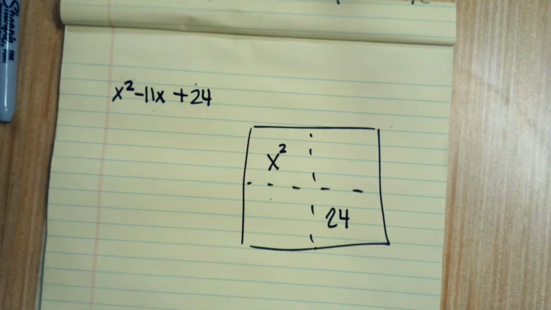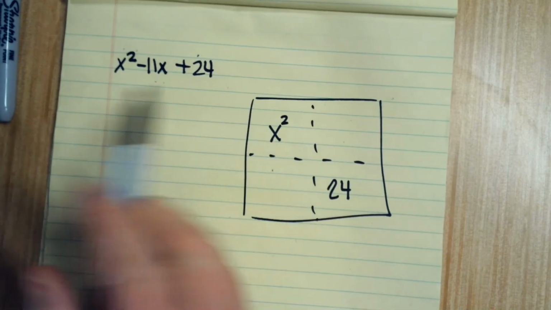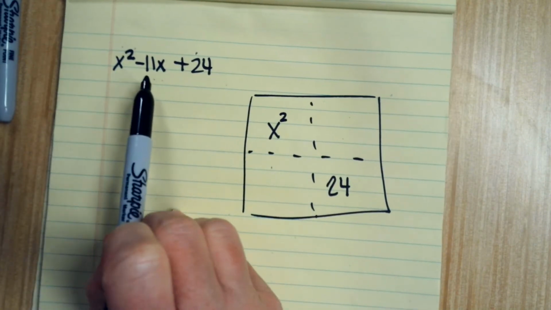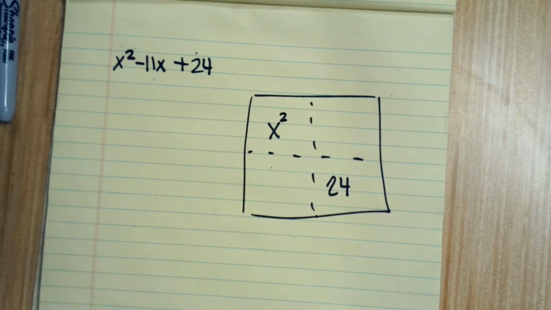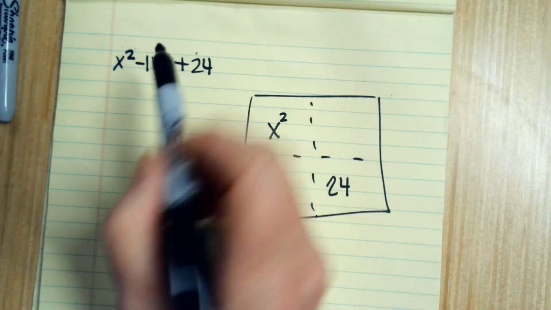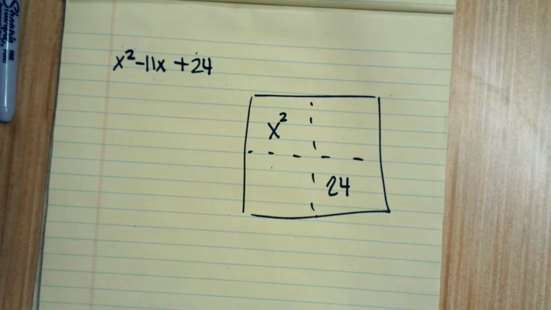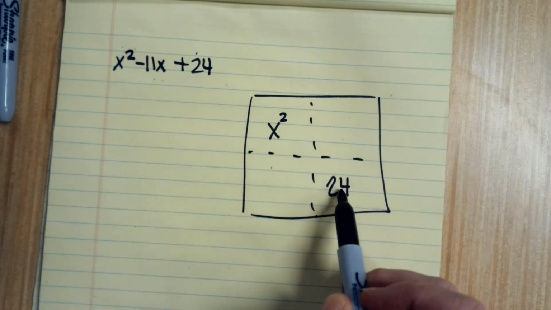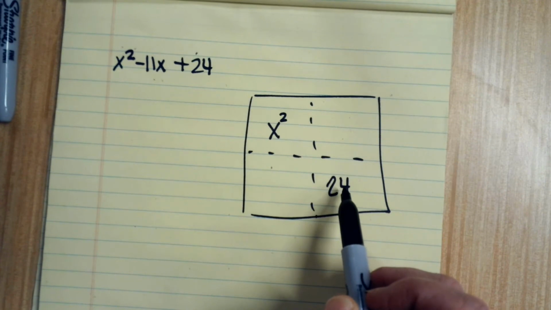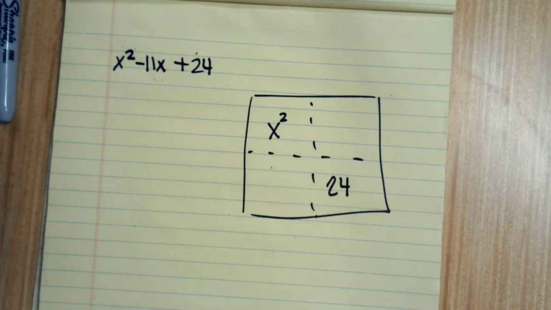Our next example is one where we still have a is equal to 1, but our second sign is negative. And let's talk about what that means. That means that somewhere in this problem there are some negative numbers. But 24 is positive, so when they multiplied them together, they got a positive 24. So we know that when you multiply a positive and a negative, you get a negative.